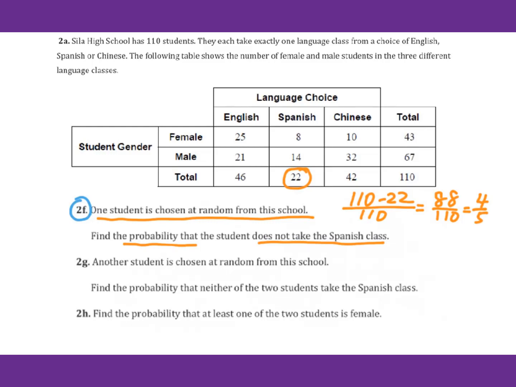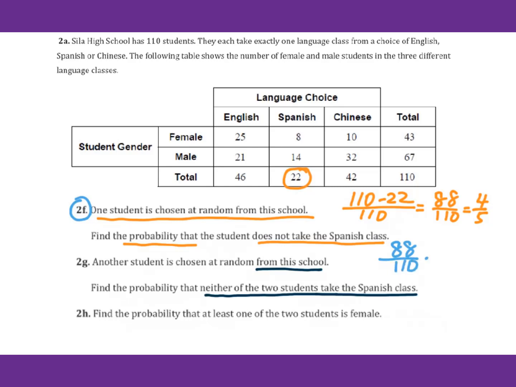Let's go to 2G. Another student is chosen at random from this class. Find the probability that neither of the two students take the Spanish class. So the first student who doesn't take a Spanish class will be 88 over 110.